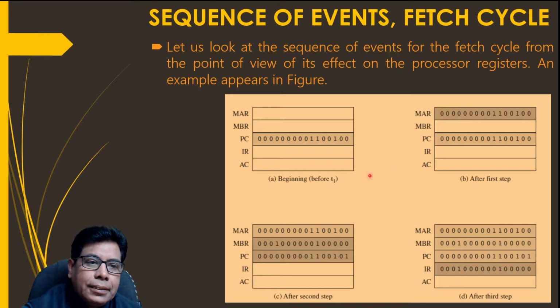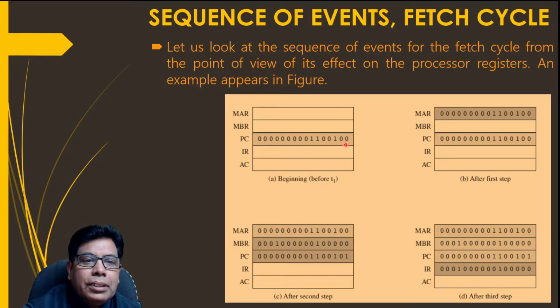If you look at the first figure, beginning before T1, whatever instruction we want to process or execute, the address of that instruction will be in the program counter. In this case we have taken the address as 0000 0000 0110 0100, that is the address in hexadecimal.